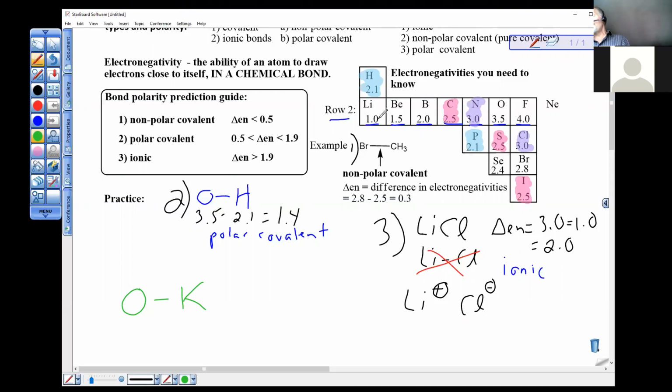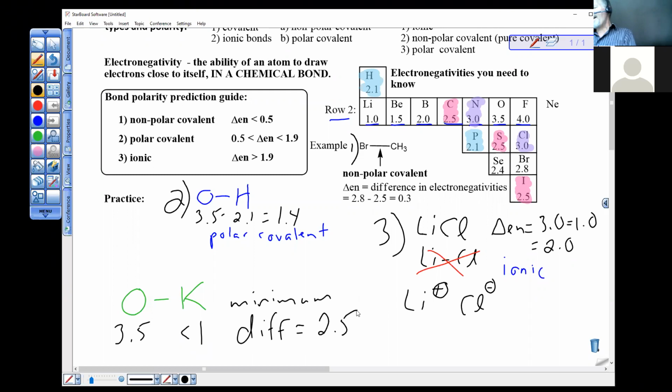The only thing you need to know is that potassium has to be less than 1. It's following the trend on the periodic table. And oxygen is 3.5. So the minimum difference is 3.5 minus 1, which is definitely 2.5.